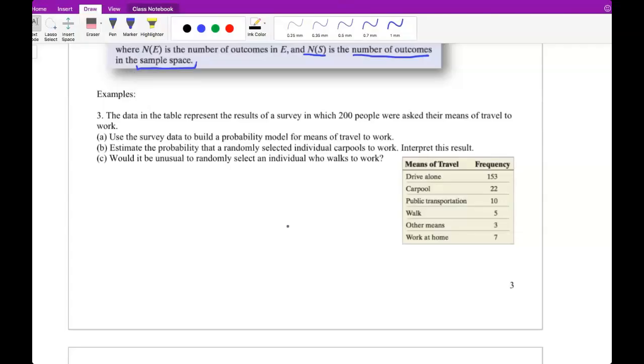Now, an example. The data in the table represent the results of a survey in which 200 people were asked their means of travel to work. So in this table we have the frequency for each group. Part A: use the survey data to build a probability model for means of travel to work.